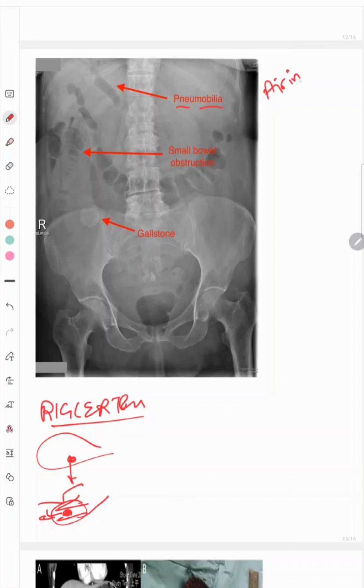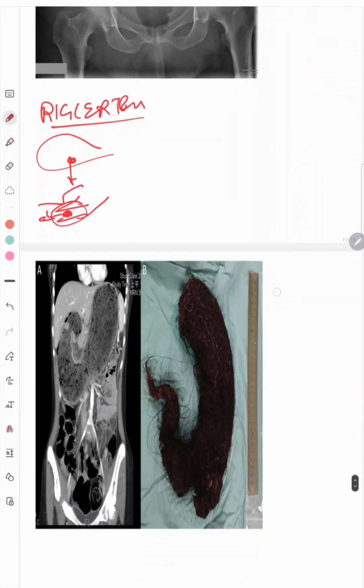Air in the biliary tract is known as pneumobilia. And small intestinal obstruction, I have already discussed, stone obstructing the small bowel too, and this is a radiopaque stone. You can see here radiopaque, this is a gallstone. So these are the three features of Rigler triad: pneumobilia, small bowel obstruction, and gallstone.